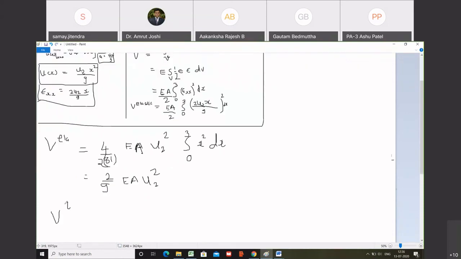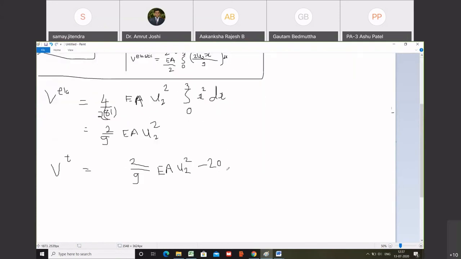So the total potential energy V is 2 by 9 EA into u2 square minus 20 times u2. Am I right?